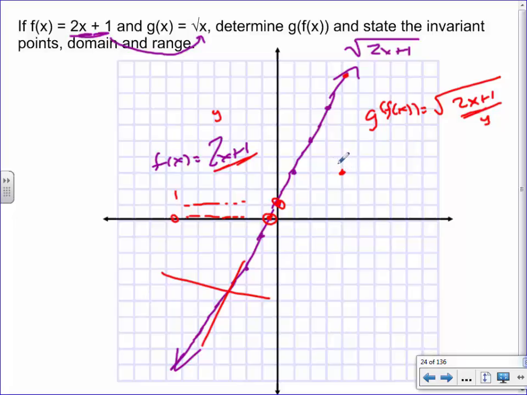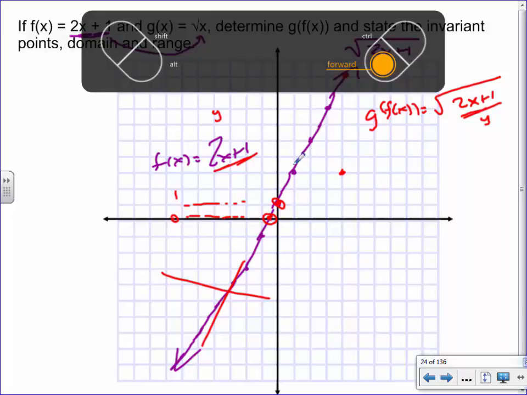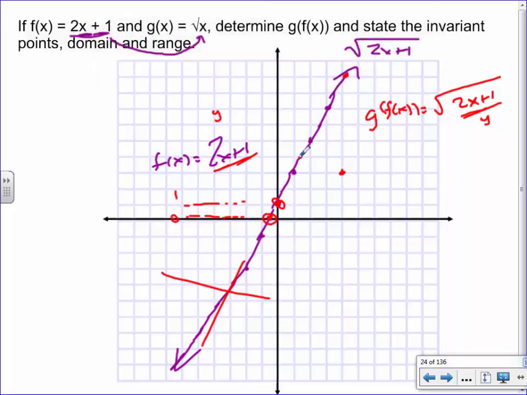The other value that would be really useful is right about here. What's special about this point that I'm trying to point out right here? Right here's the point I'm looking at. What's special about that?